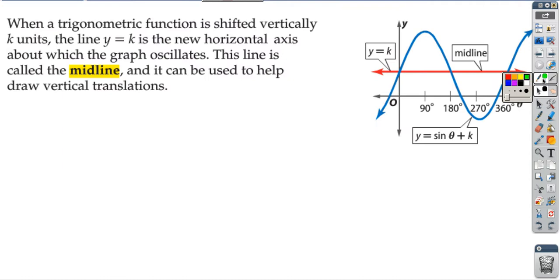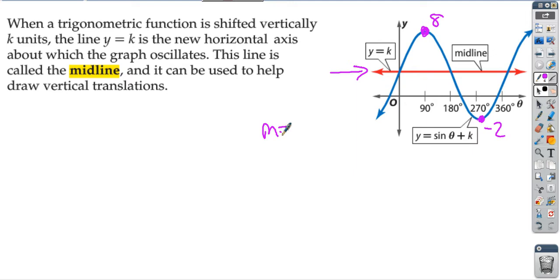And then when you do that, you also want to be aware of something called the midline. The midline is this line right here. It's the line that cuts through the graph, and it's essentially the average of the high point and the low point. So for example, suppose that right there was 8, and suppose this right here were -2.